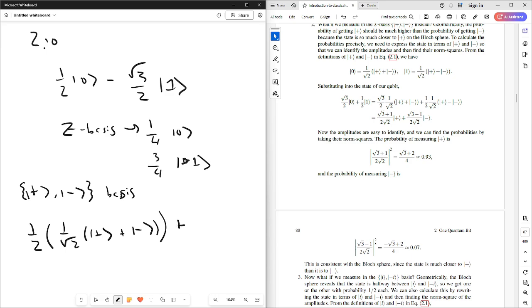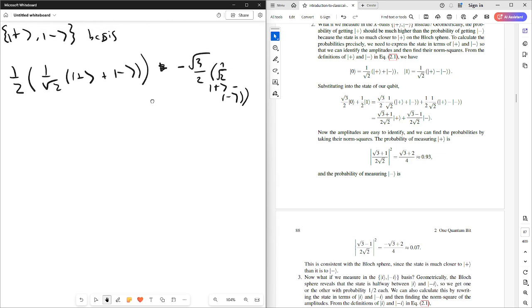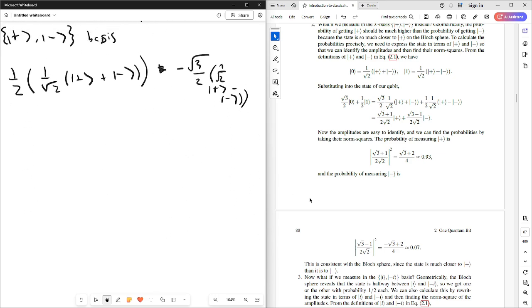Plus, oh, pardon me, minus square root of 3 over 2, 1 over square root of 2, minus. All right, so we'll do the full distribution and grouping here for this example.